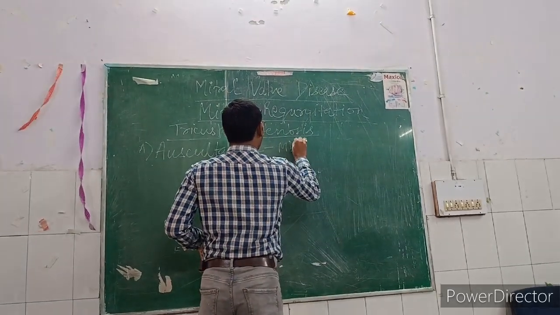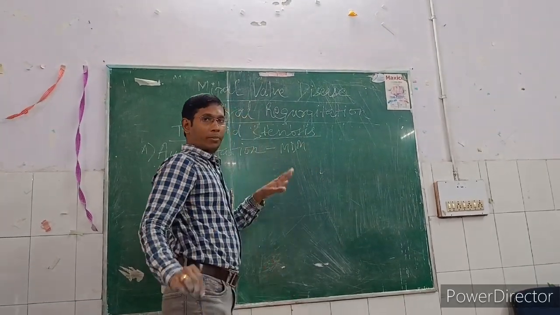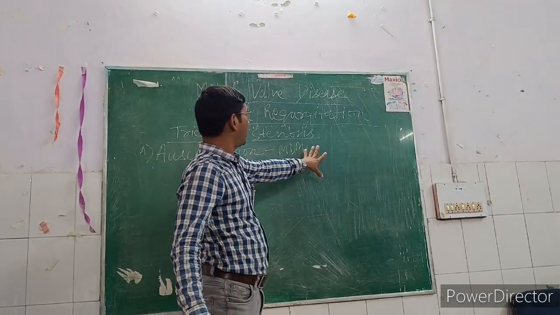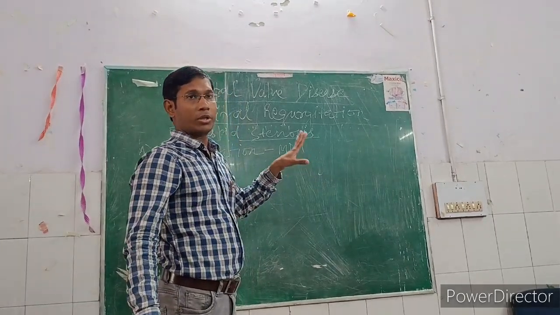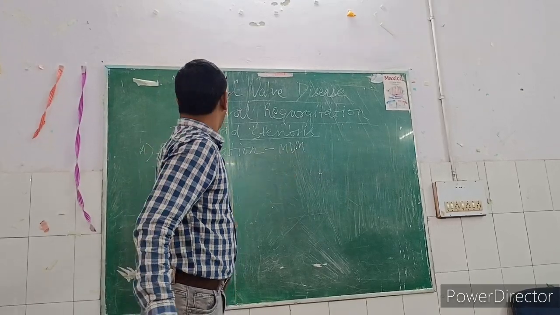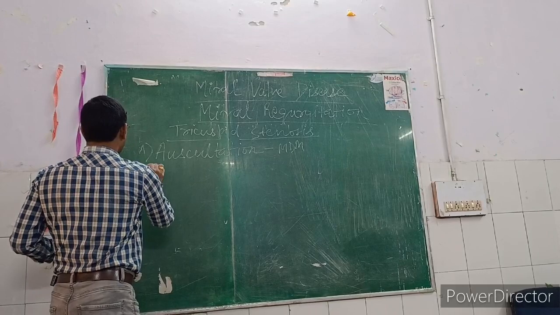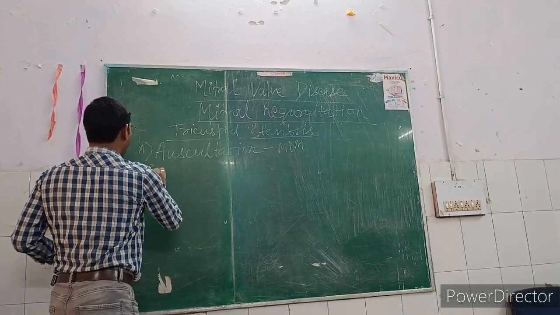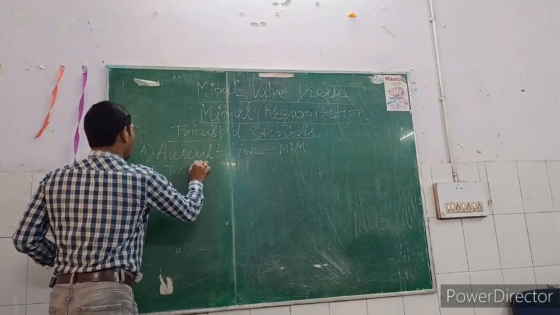Mid-diastolic murmur or simply diastolic murmur, mid-diastolic murmur heard at the left lower sternal border. That is tricuspid stenosis. And it can also be diagnosed through investigation, Doppler echo.